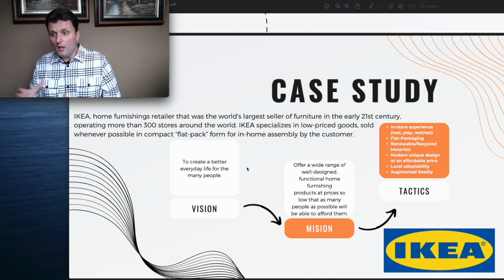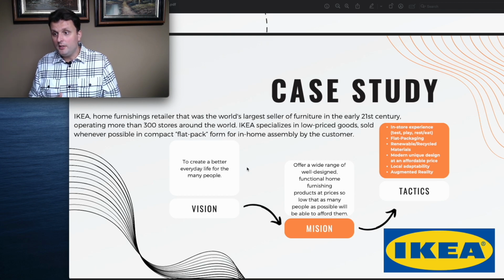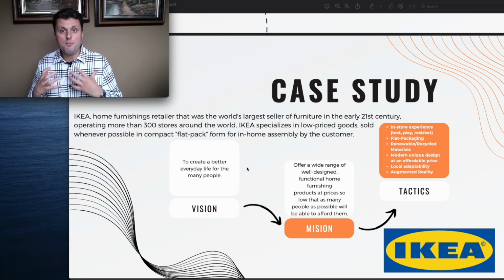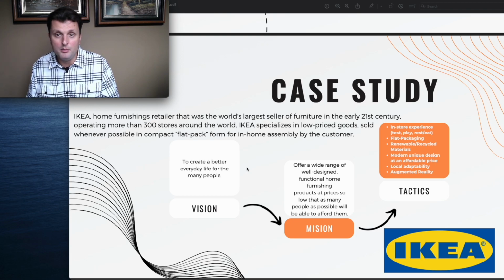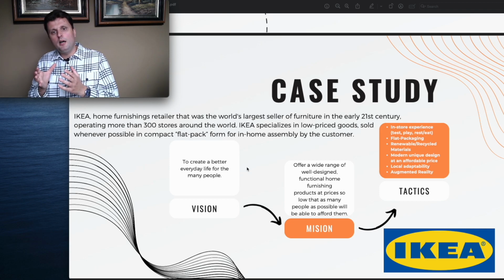Now, looking at the mission, to create a better everyday life for everyone, or many people, they want to offer a wide range of well-designed, functional furnishing products at prices so low that as many people as possible can afford them. And now let's look at the tactics. What makes them different, unique?